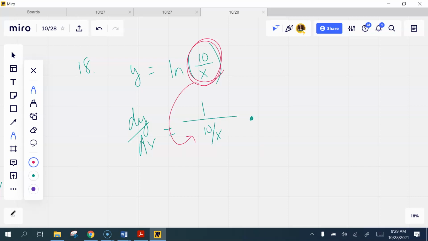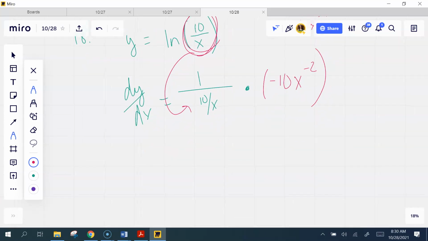And now I do the derivative of that. You could do 10x to the negative 1 on the bottom. But if I take the derivative of it, it's easier to write it that way. So it's negative 10x to the negative 2. There's my dx.